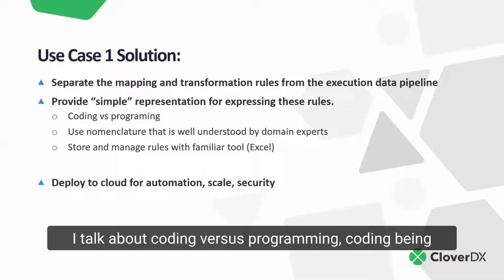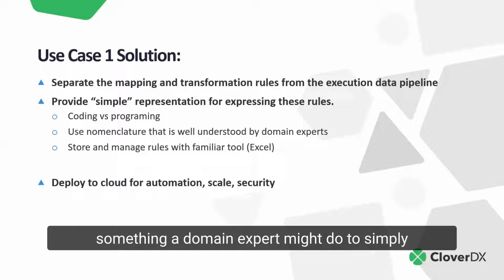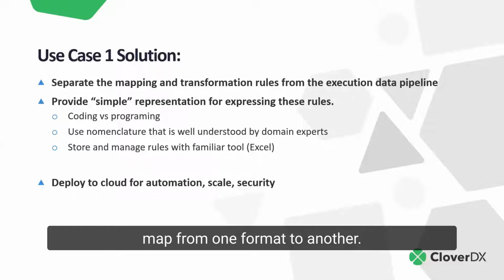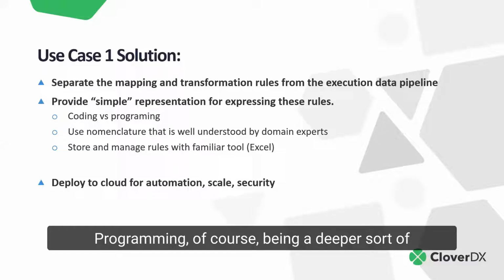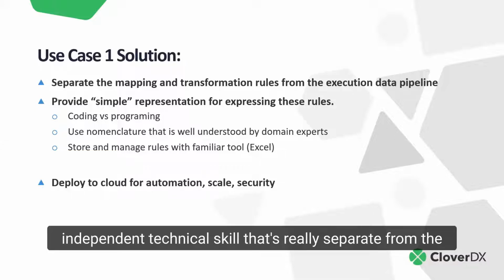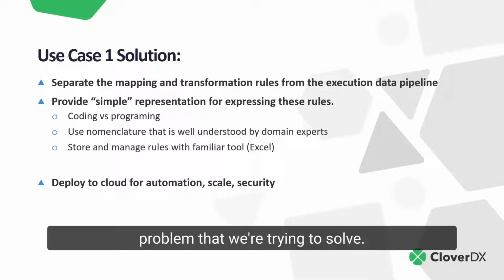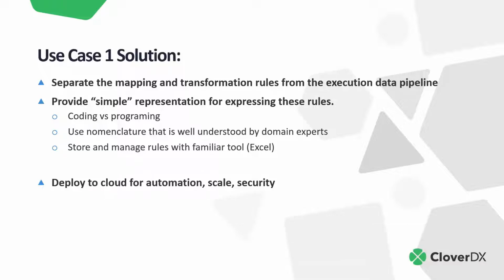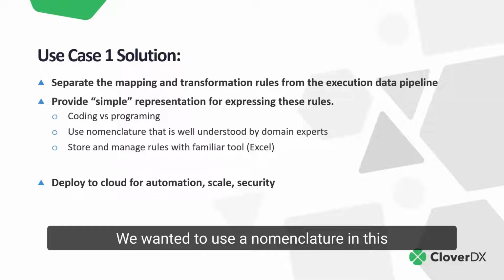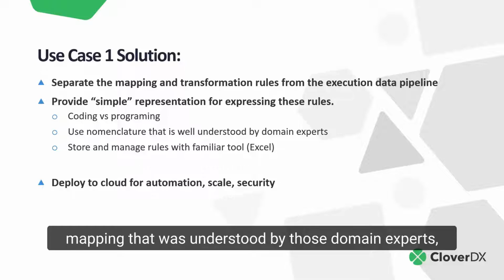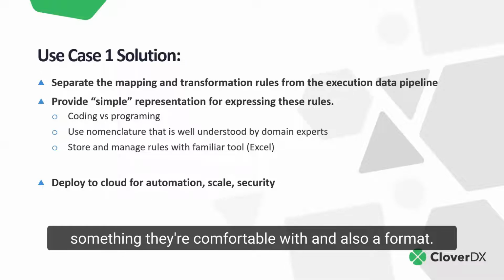I talk about coding versus programming. Coding being something a domain expert might do to simply map from one format to another. Programming, of course, being a deeper independent technical skill that's really separate from the problem that we're trying to solve. We wanted to use a nomenclature in this mapping that was understood by those domain experts, something they're comfortable with, and also a familiar format.